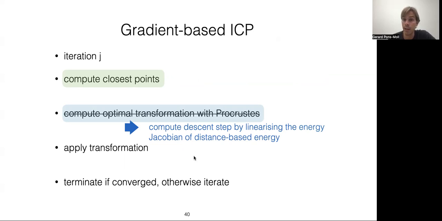So what we can do is linearize the energy by computing the Jacobian of the distance-based energy with respect to the parameters of this f transformation. Then we can take a gradient step, or several gradient steps, find correspondences again and iterate the process as we did before.